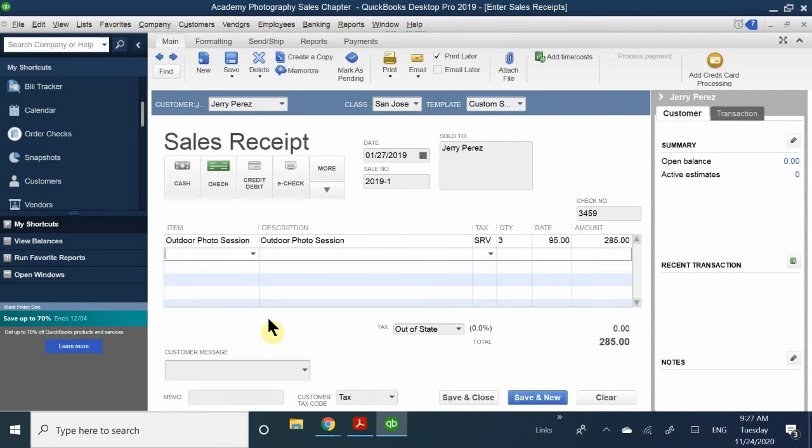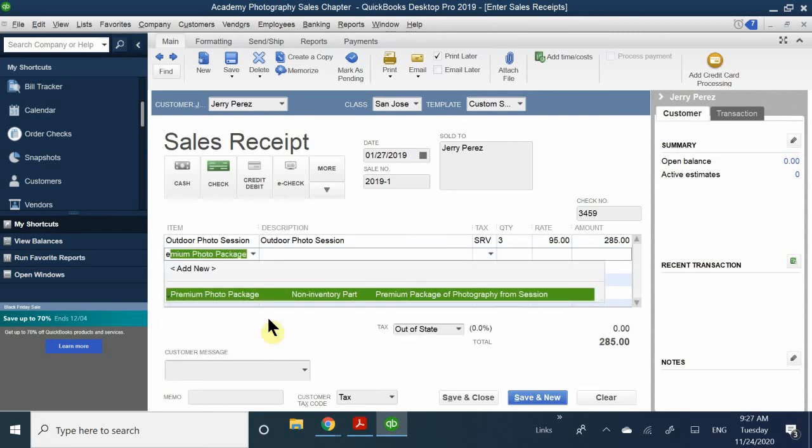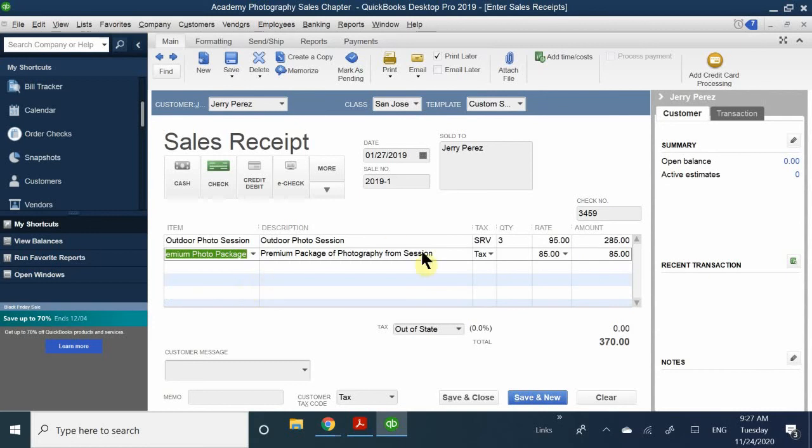And I believe he also got a premium photo package too. Right? And I think he got 2 of them. Is that right? Yes. Okay. So every time I enter in a quantity, notice what happens here. It automatically calculates for me. So I don't have to do all that jazz where I have to calculate everything.